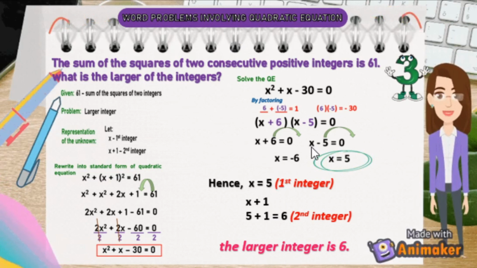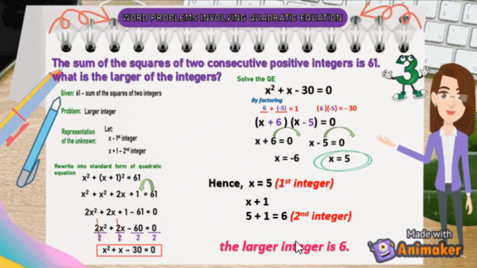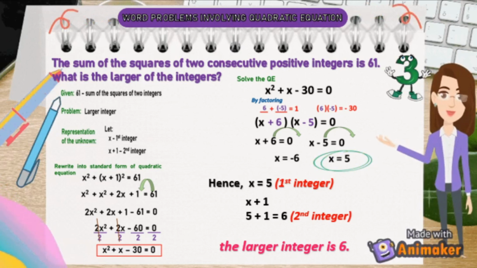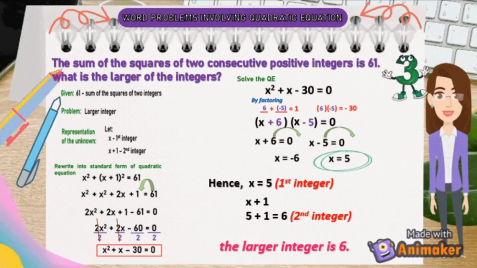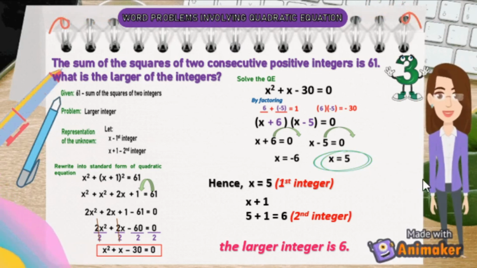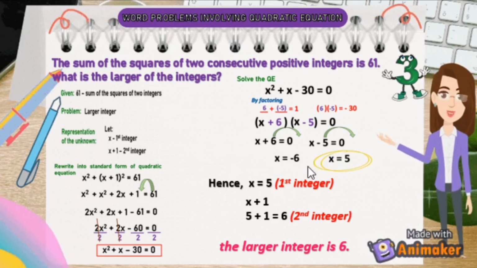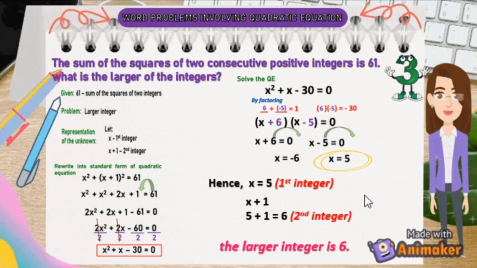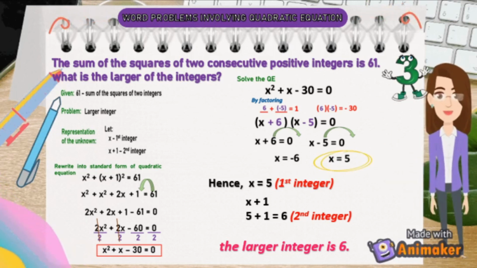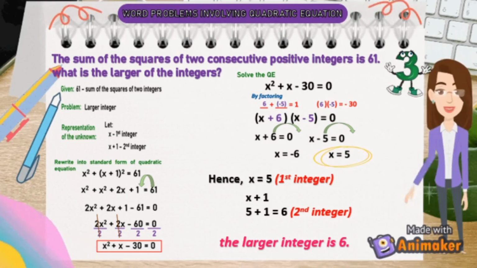So, 5 squared is 25, plus 6 squared is 36. Therefore, 25 plus 36 is 61. So, our solution is correct. So, therefore, the two consecutive positive integers are 5 and 6. And the larger is 6.